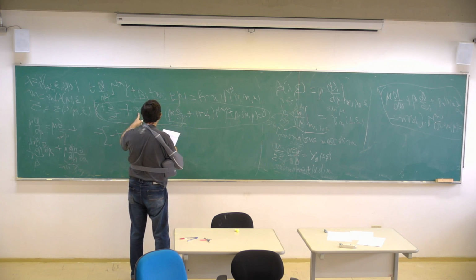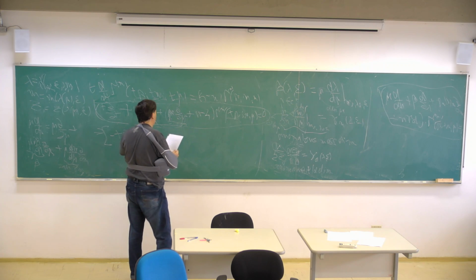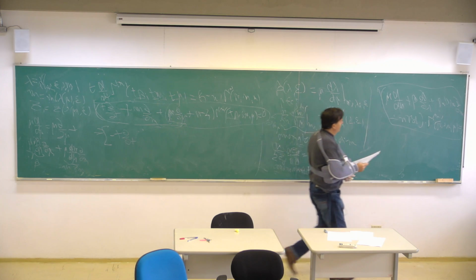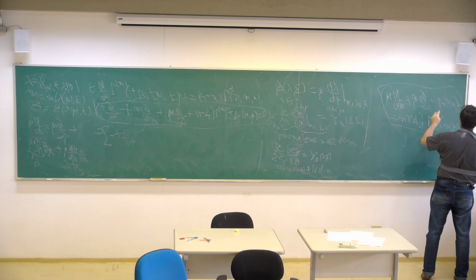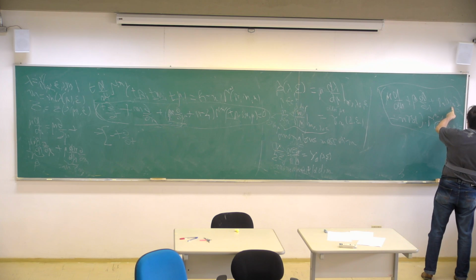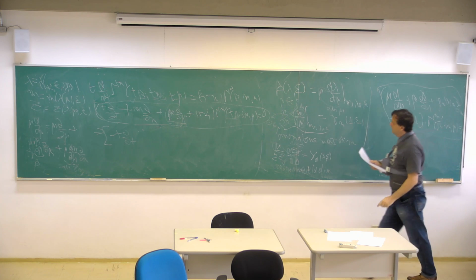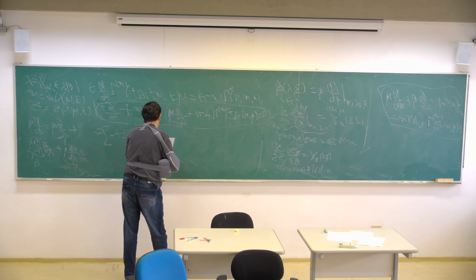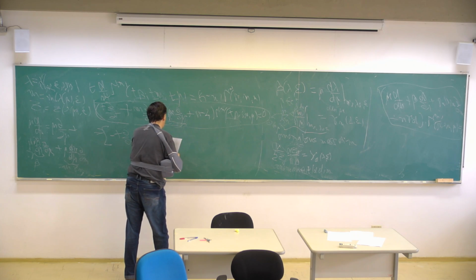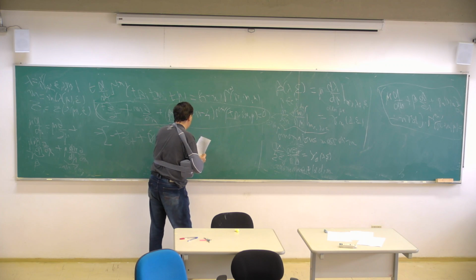Then here I get a minus n d/dn, but from here I had plus n d/dn with a gamma n in front, so gamma plus gamma n of lambda minus 1 n d/dn.